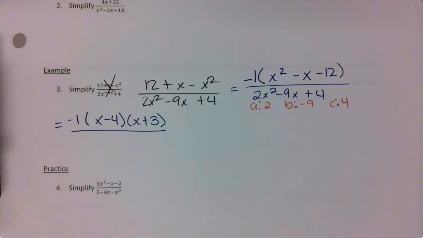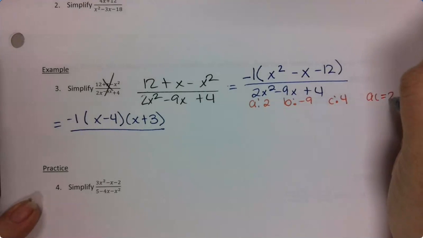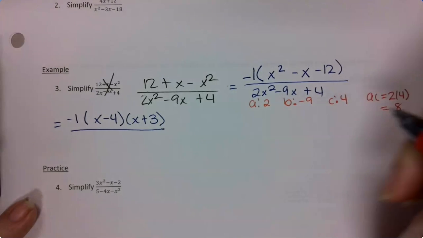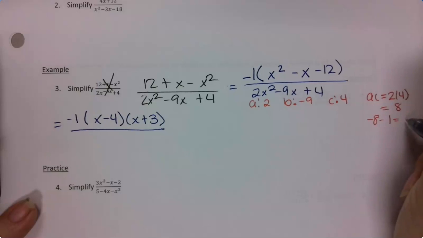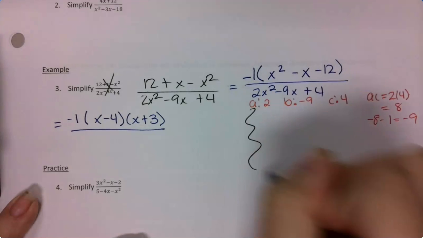Okay. So then I want to do A times C, which is 8. So I'm looking for what multiplies to 8 and adds to negative 9. Negative 8 and negative 1.